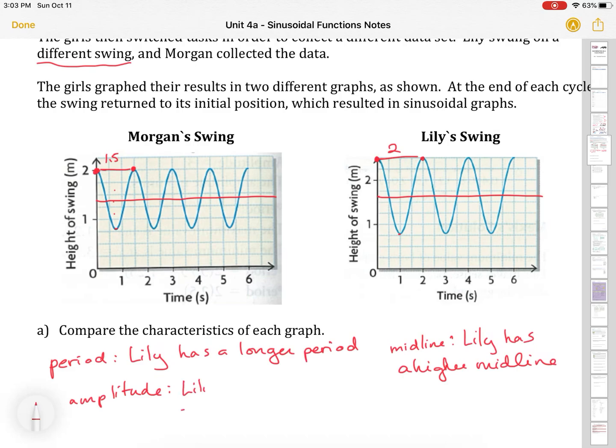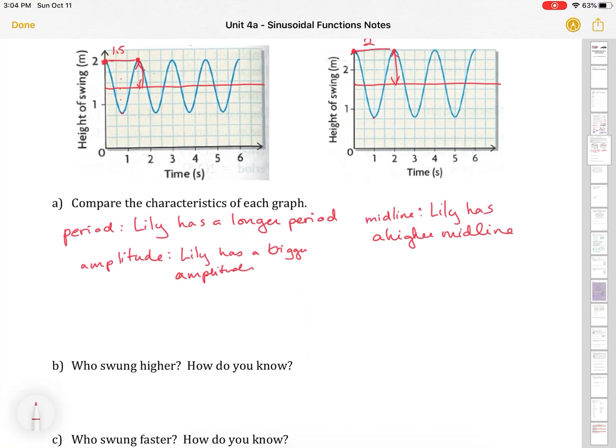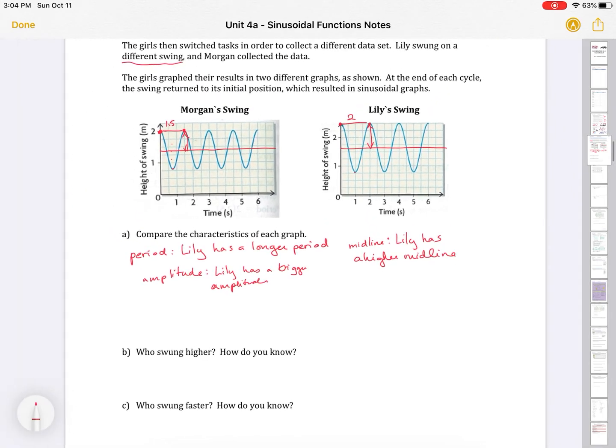Amplitude: Lily also has a bigger amplitude, right? Because it's this distance here. Whereas Morgan's is like 2 and a bit, Lily's is 3 and a bit, okay? So we've got some different data there if we compare it.